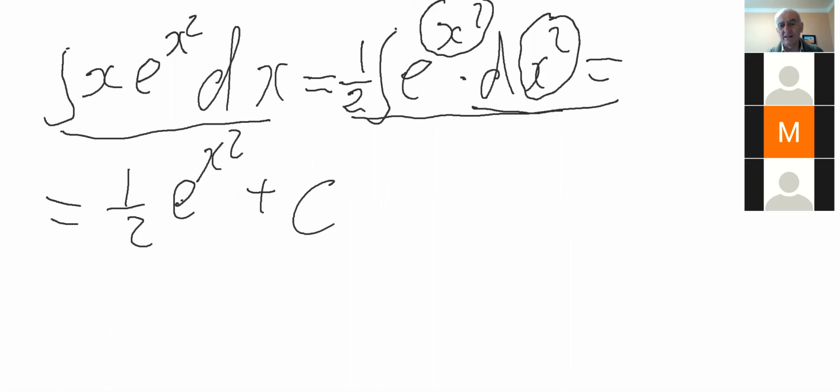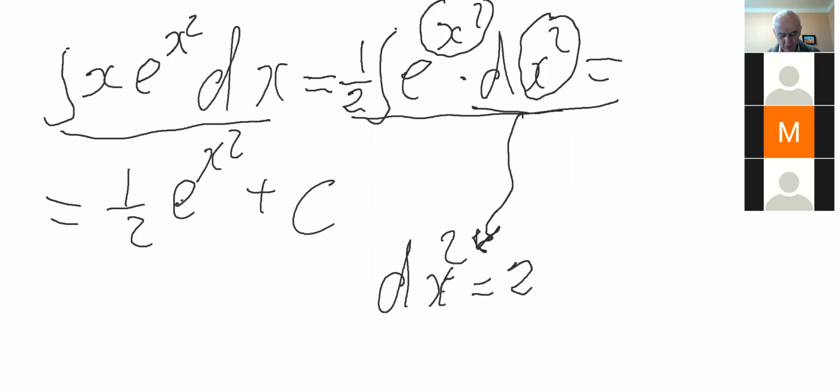If we find dx square, I will write it down here. Dx square is the derivative of x square times dx, so it's 2x times dx.